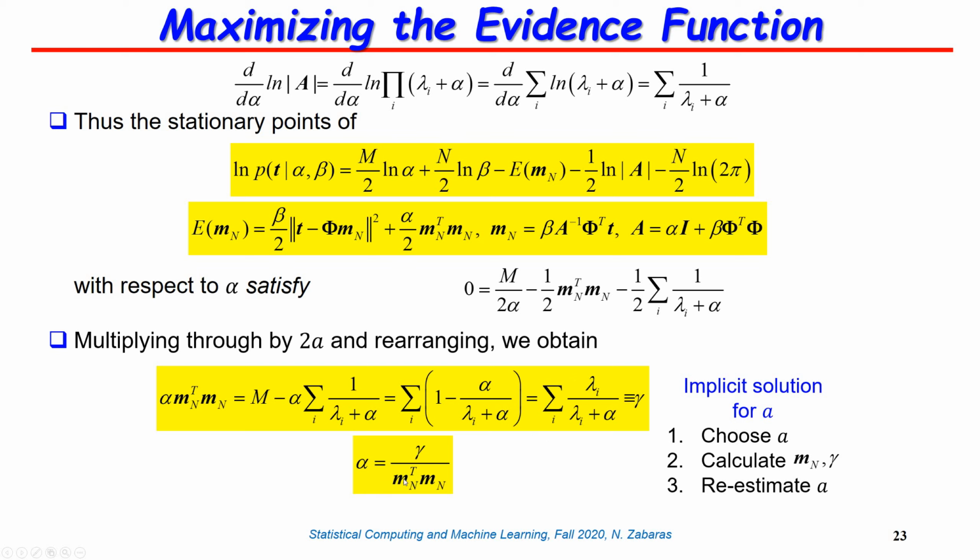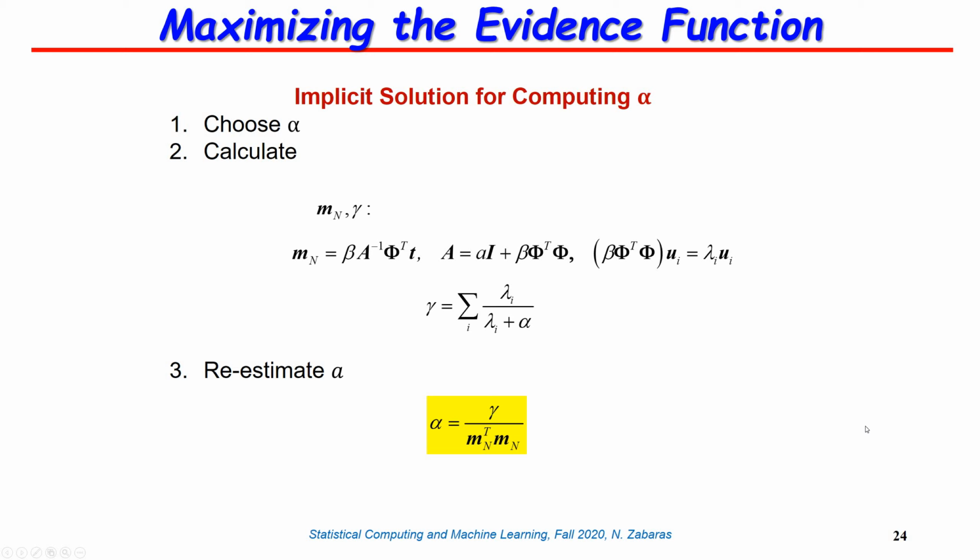On the right hand side, you know what gamma is, you know what mN is, so you can recalculate alpha. And once you have a new alpha, you can come back, compute a new mN and a new gamma, and recompute alpha and keep iterating until convergence. And this is what I am showing you with all the equations for this implicit calculation of alpha. So this calculation actually does work, okay? But you have to do iterations, so when you take these gradients with respect to alpha, you don't get an explicit equation for the update of alpha.